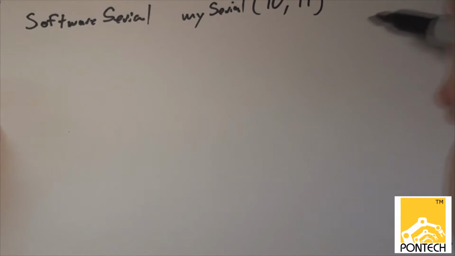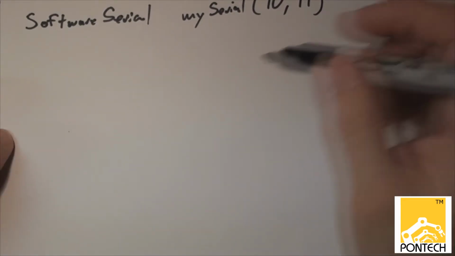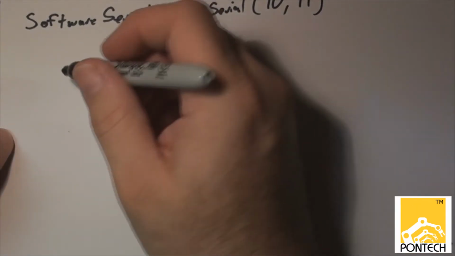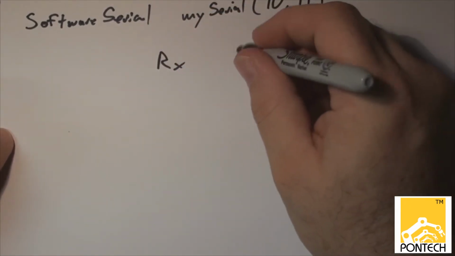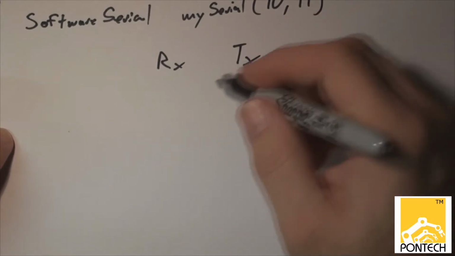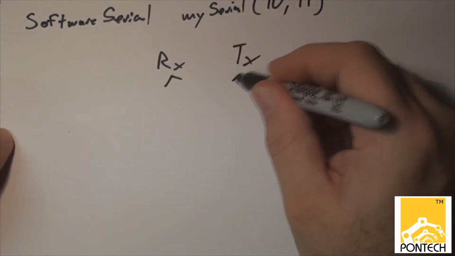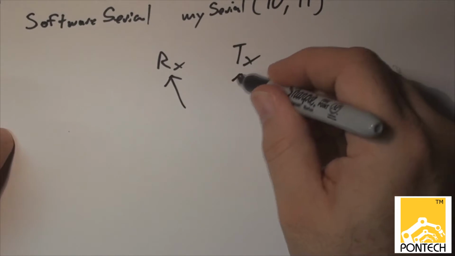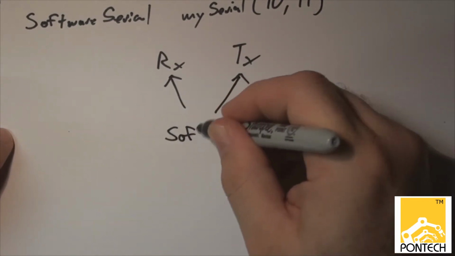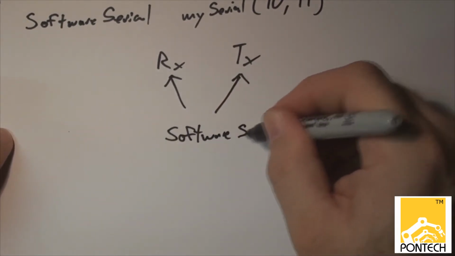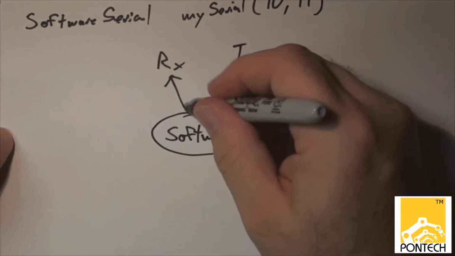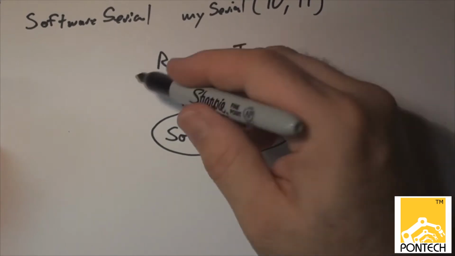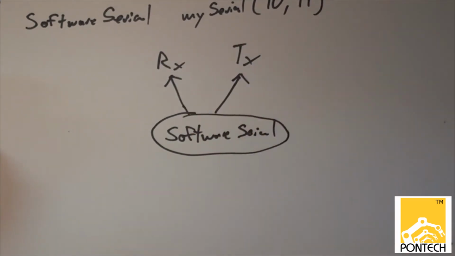So I had this idea of splitting the class into a SoftwareSerial RX and a SoftwareSerial TX, and then recreating the SoftwareSerial class as a child that has multiple inheritance from SoftwareSerial RX and SoftwareSerial TX. Well, I've had some success at doing this.